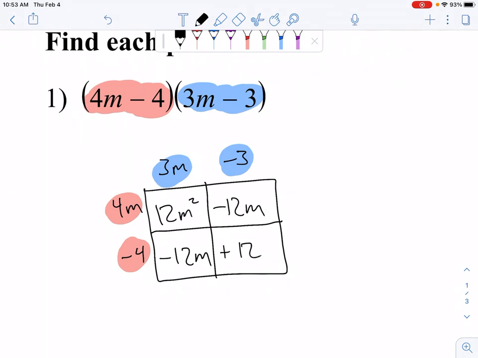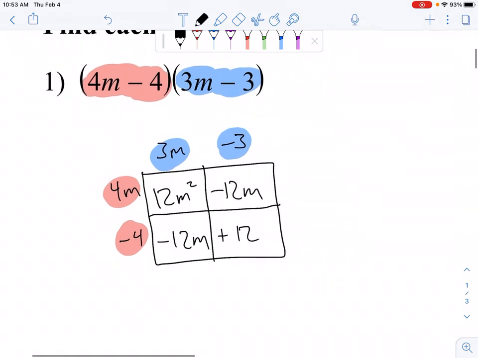When we do the box method, it's a little bit easier to see and organize what is multiplying with what. It's a little bit more difficult, though, to identify your like terms. Your like terms in the box are going to be diagonal from each other. So look, these both have an m to the first power.